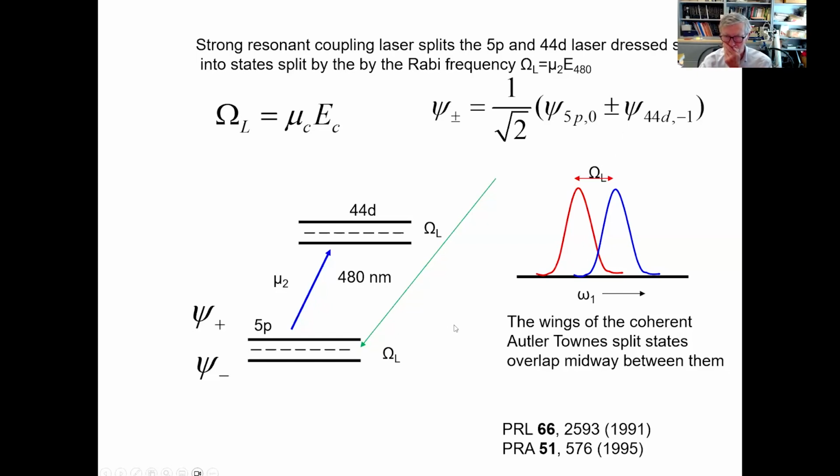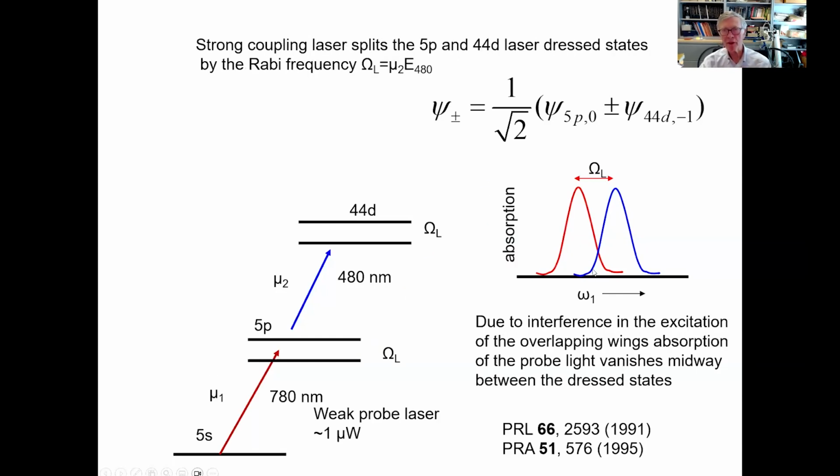So if you actually look at the spectrum of the 5P state from the ground state, it would look something like this. And basically, these two levels are overlapping with each other, and they overlap because of the fact that this state has a finite lifetime. Now, it turns out that these states are coherent with each other.